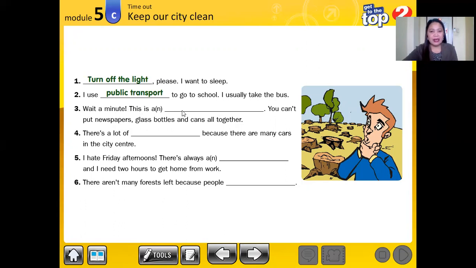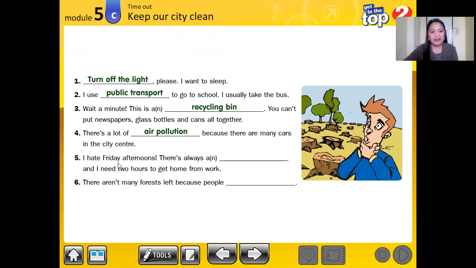Okay. Next, wait a minute. This is a recycling bin. You can't put newspapers, glass bottles and cans all together. So you have to put them in the correct recycling bin. Next, number 4. There's a lot of air pollution because there are many cars in the city center. Number 5.